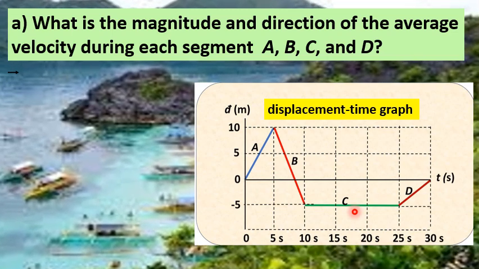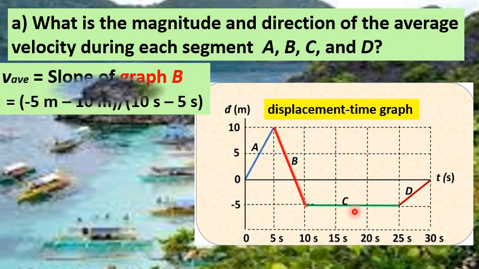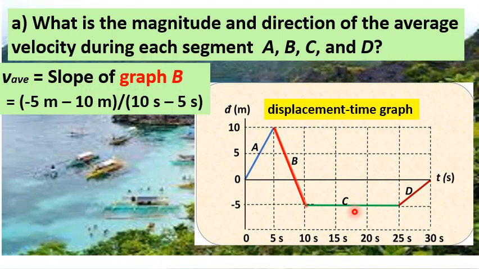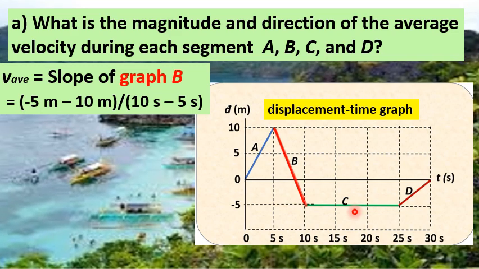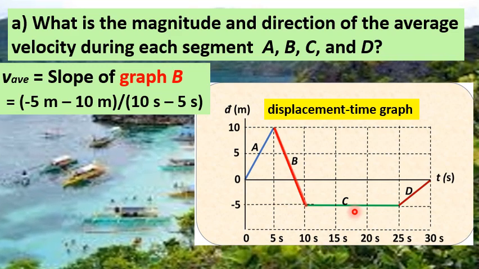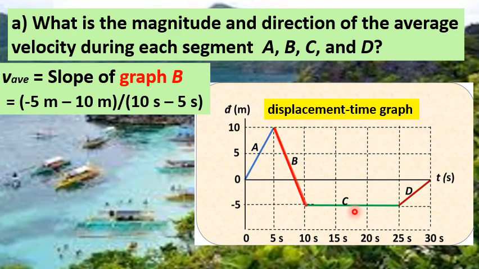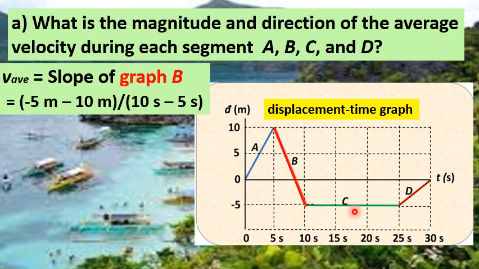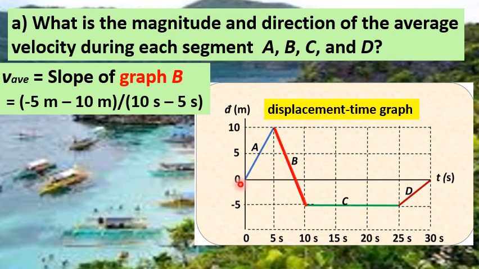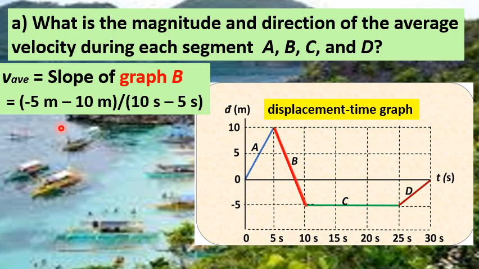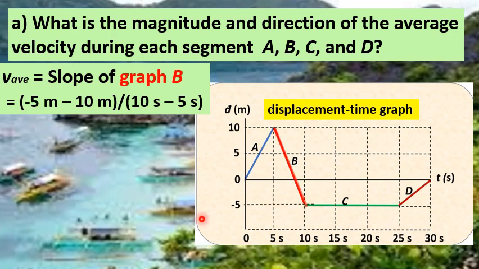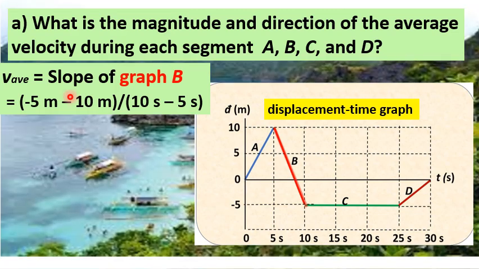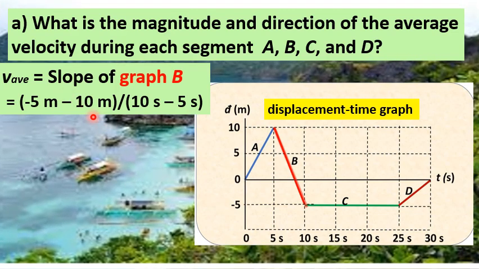Computing for that, the average velocity is just equal to the slope of the graph, or delta d, which is final position minus initial position. The final position is negative 5 meters, and the initial position is positive 10 meters.